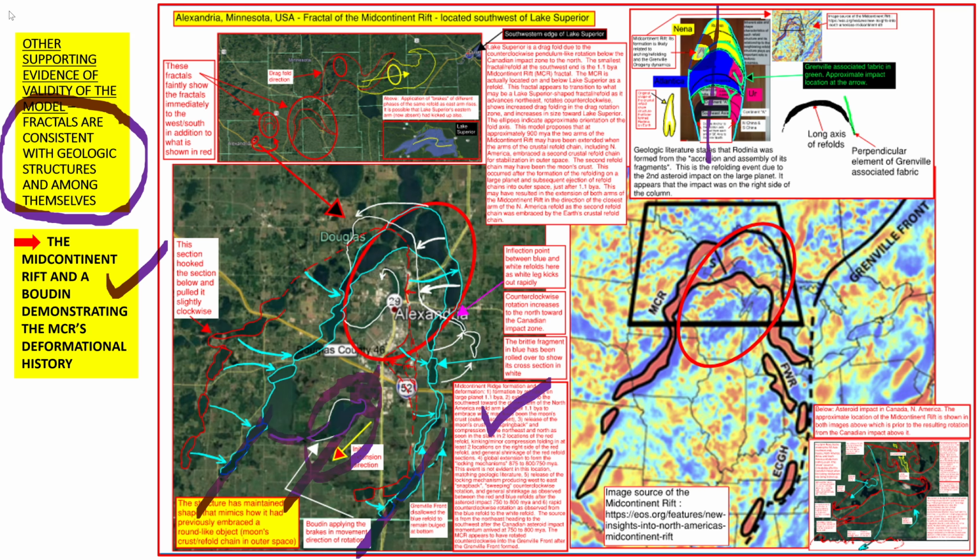Something interesting, if you look at the top, it's kind of hard to see this top insert. But the fractal below, the MCR, is shown where I'm highlighting. It's very small there, but it actually transitions in character to what is shown in yellow here. What is shown in yellow is very similar in character to the Lake Superior shape here that I'm now highlighting.